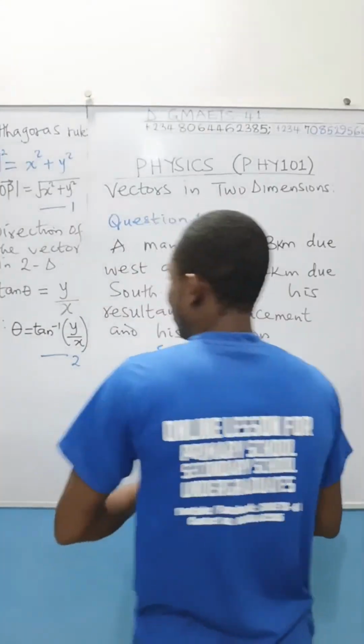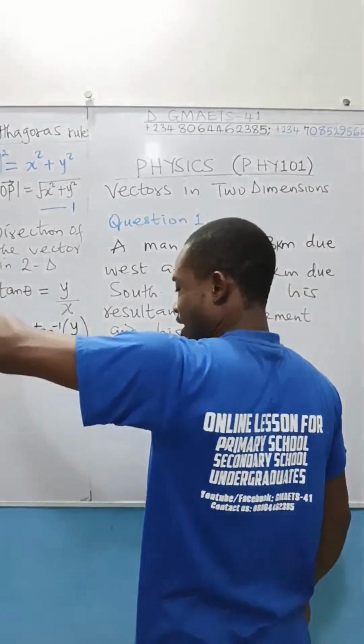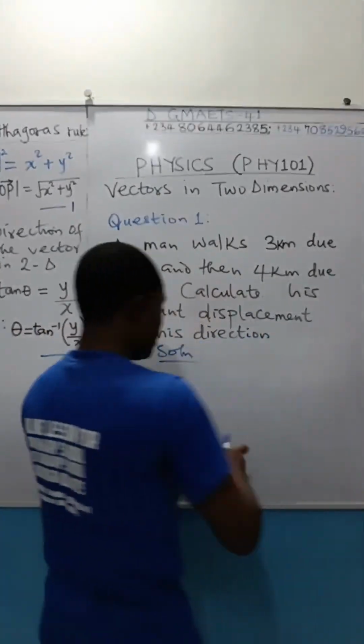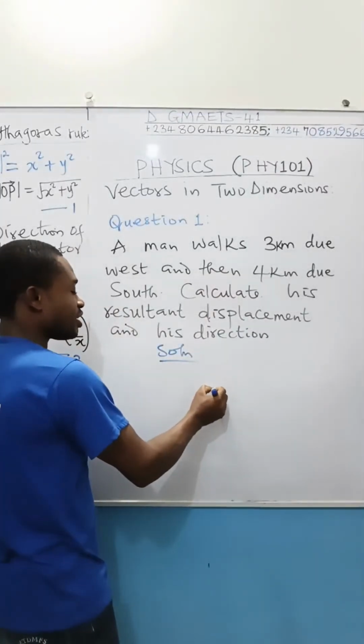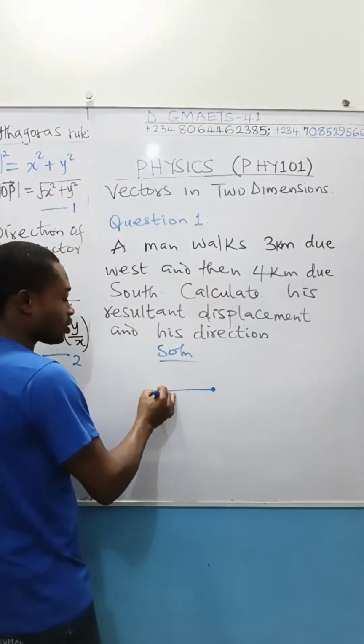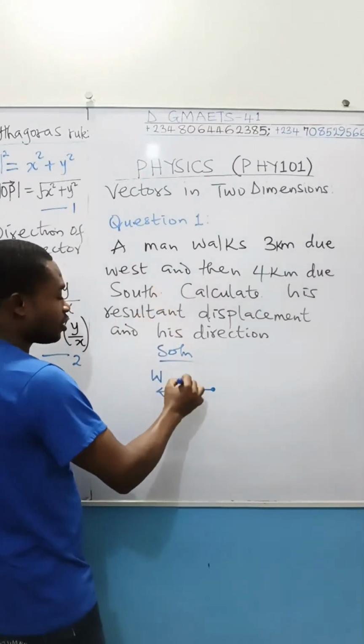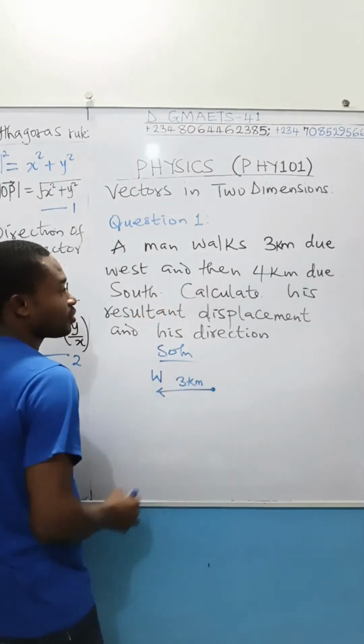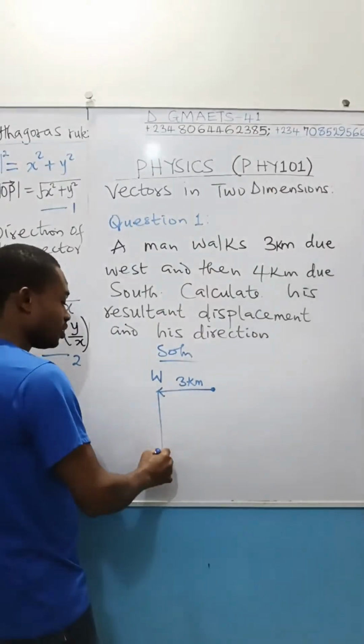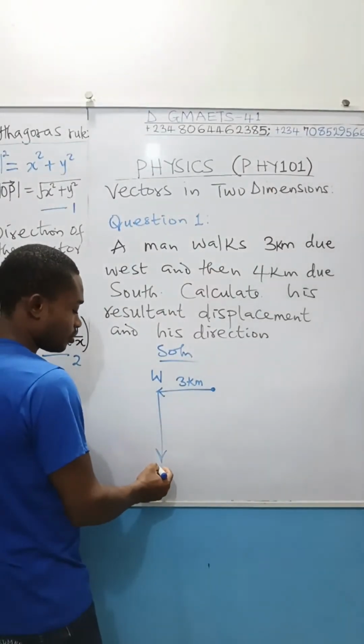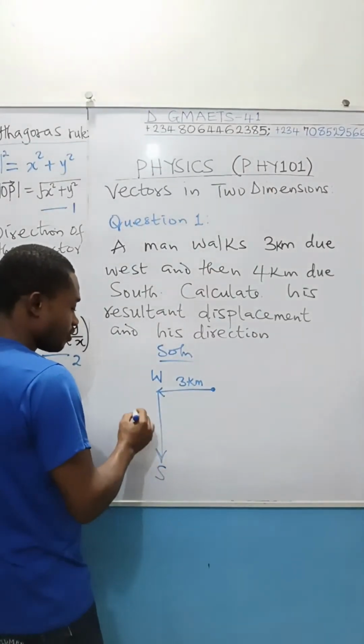So we can say the man walked this way and then this way. If I represent it on the board, this is the starting point: the man walked west, 3 kilometers, and then from here, south, 4 kilometers.